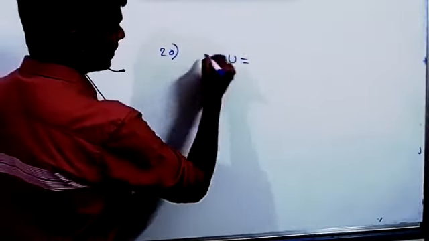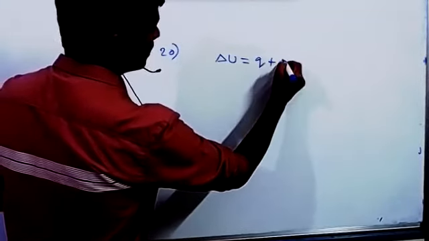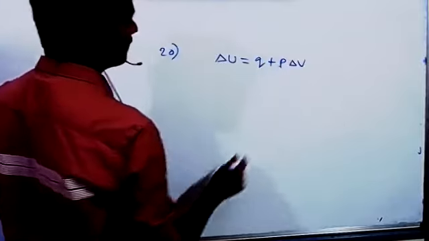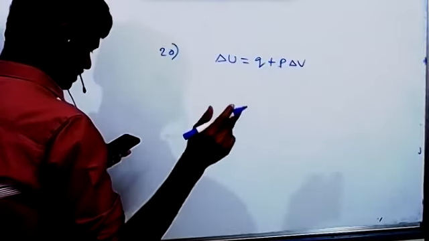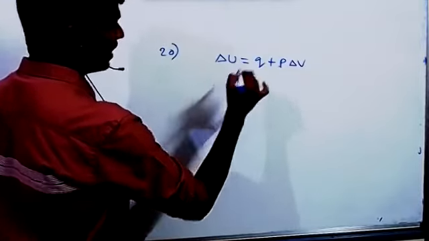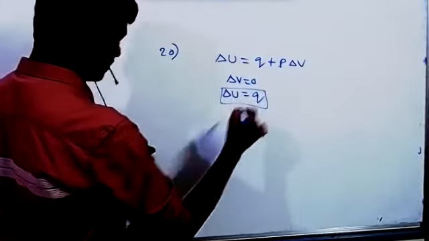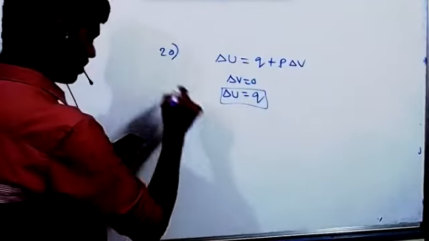According to the first law of thermodynamics, delta U is equal to Q plus W, where W means work, P delta V. For isochoric process, delta V is equal to 0. Volume change is 0. Then delta U becomes Q only. But here given delta U is equal to minus Q. So option A is wrong.